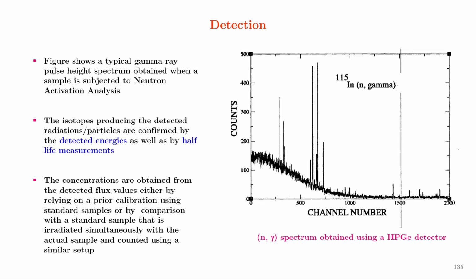The isotopes producing the detected radiations are confirmed by the detected energies as well as by half-life measurements. The concentrations are obtained from the detected flux values either by relying on a prior calibration using standard samples or by comparison with a standard sample that is irradiated simultaneously with the actual sample and counted using a similar setup.